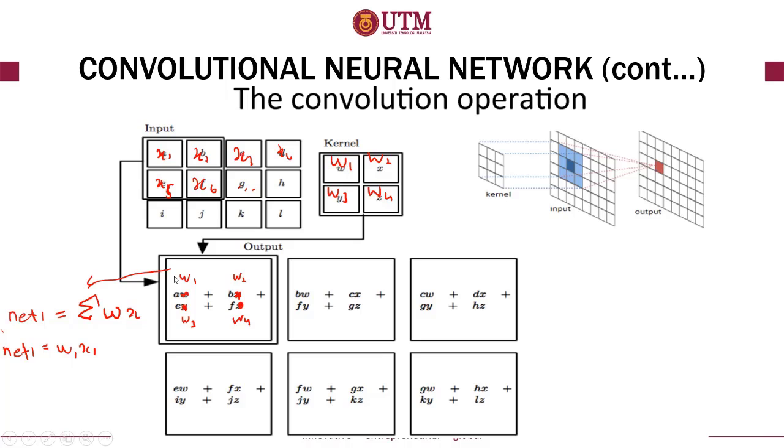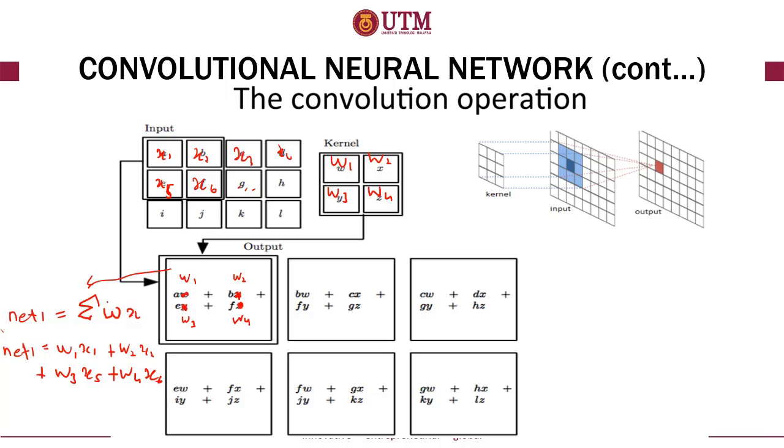Net 1 equals w1 times x1 plus w2 times x2 plus w3 times x5 plus w4 times x6.